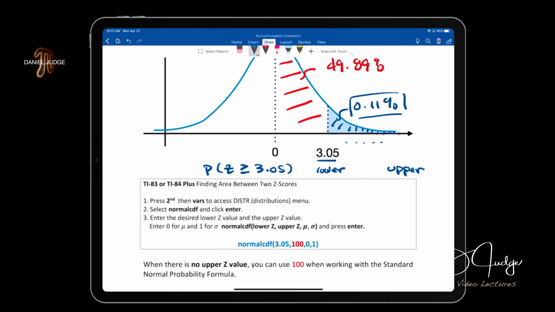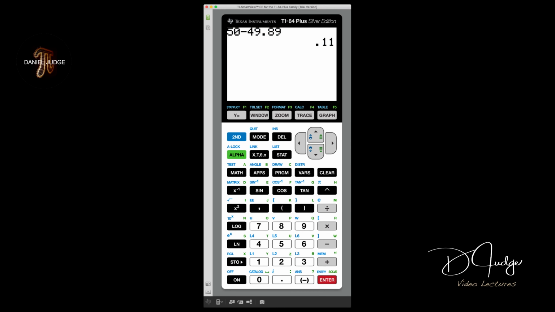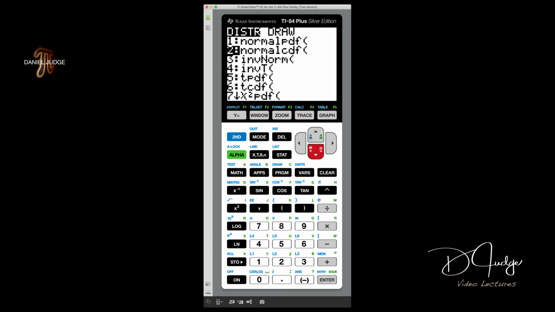Now that's going to be an issue, because when we go to the TI, notice the lower, L for lower, is 3.05. That's what we said. But the upper doesn't have infinity. It doesn't have that. So enter a large number. So all that drama, just to tell you, ladies and gentlemen, go to the distribution list, the second one again.